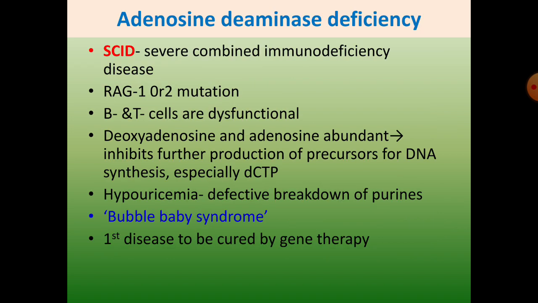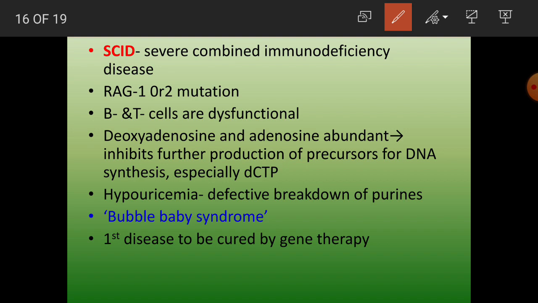Now, another case is severe combined immunodeficiency syndrome, where adenosine deaminase deficiency is seen, and there is a mutation in the gene RAG1 or 2. Here the B and T cells are dysfunctional, so there is less immunity. That is why it is combined immunodeficiency.